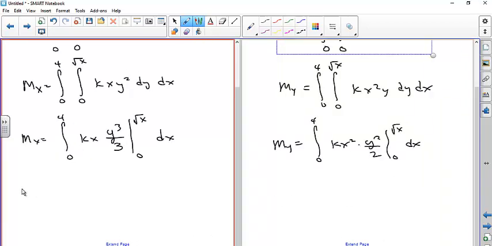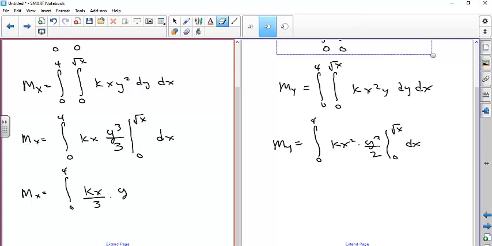Okay, now we evaluate the function at the two limits. At y equals 0, we just get 0. So we're just going to evaluate it at the upper limit. This has to be a function of x, so you plug in the square root of x.